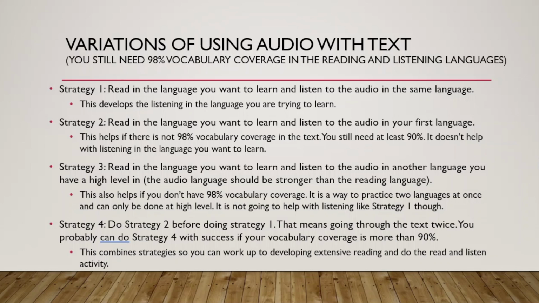For example, I showed you that book in video 2, on extensive reading, the first book where I have 96% vocabulary coverage. It was a Chinese book called Kanjian.